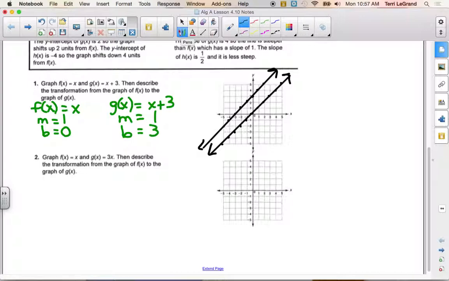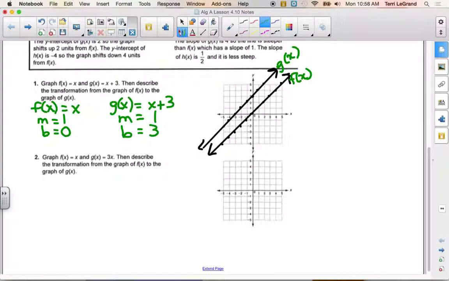So this one is our f of x, and this one is our g of x.